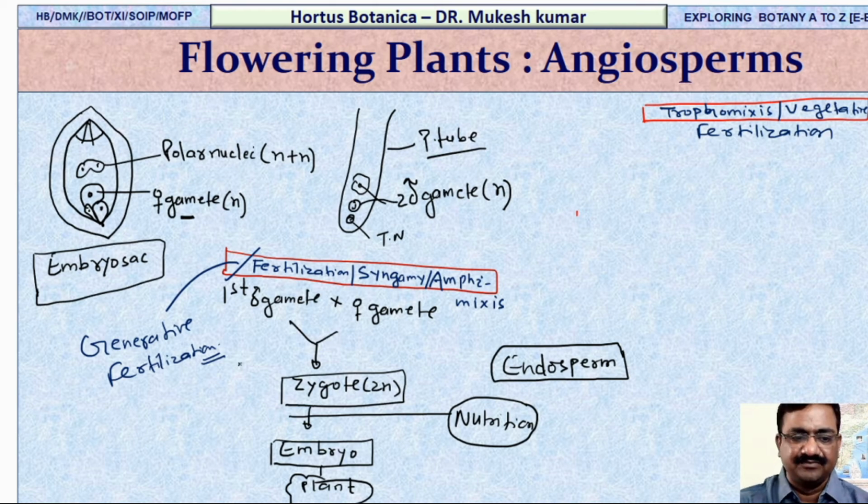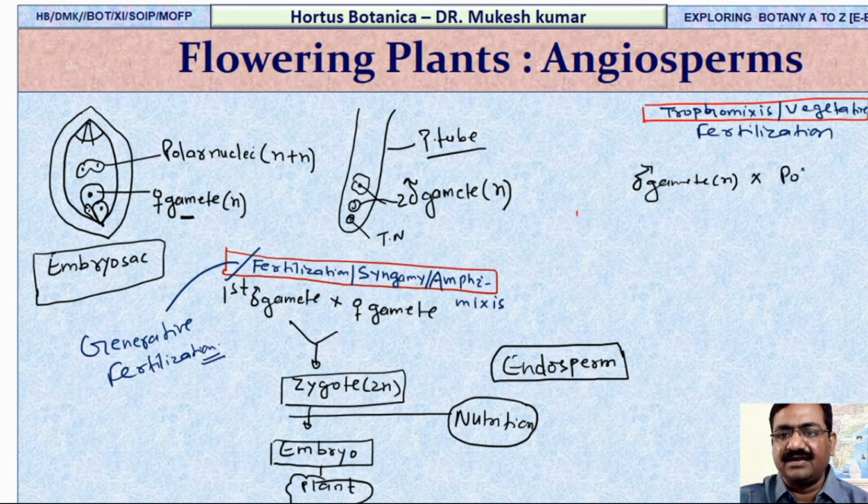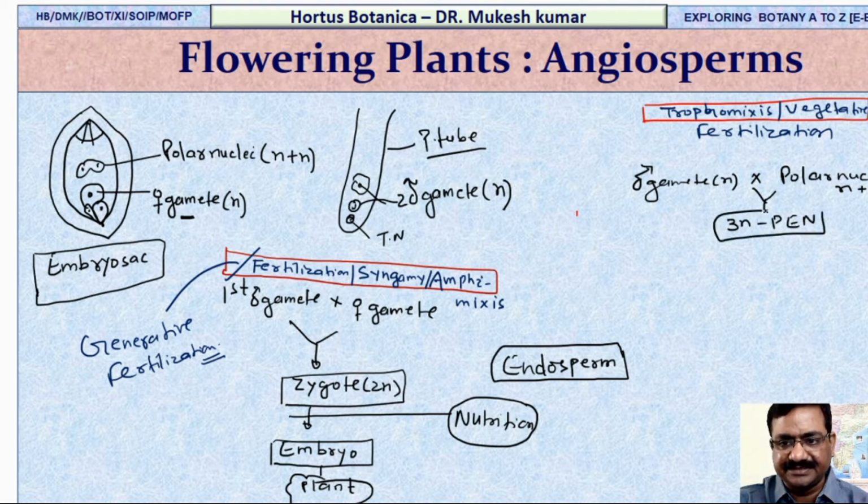Now what happened here? You'll find the male gamete and the polar nuclei, N plus N, and finally they will form a triploid structure. It's called PEN, primary endosperm nucleus, and this primary endosperm nucleus will give rise to endosperm, and this endosperm provides nutrition to the zygote that gives rise to the embryo.